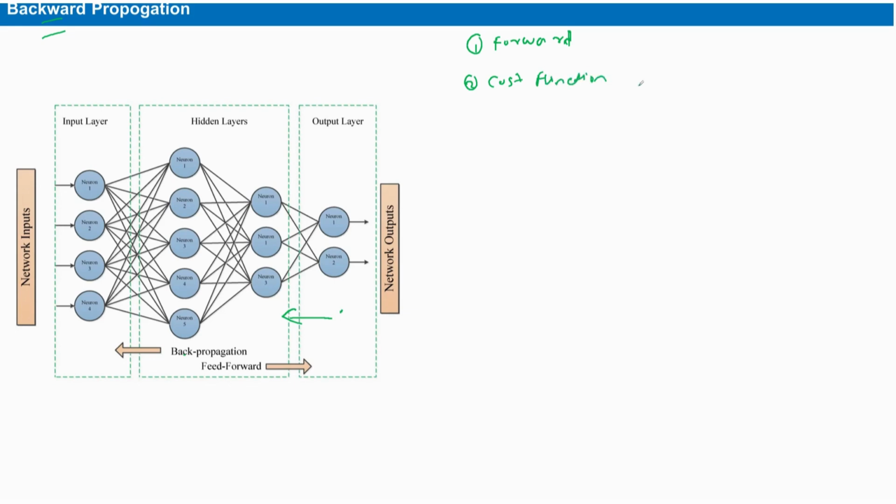In the third step, we update all the thetas for each layer as theta L minus alpha, which is our learning rate, times the partial derivative of the cost function with respect to theta ij. Why ij? Because the weights associated with each layer have 2D dimensions, so internally it is ij only.